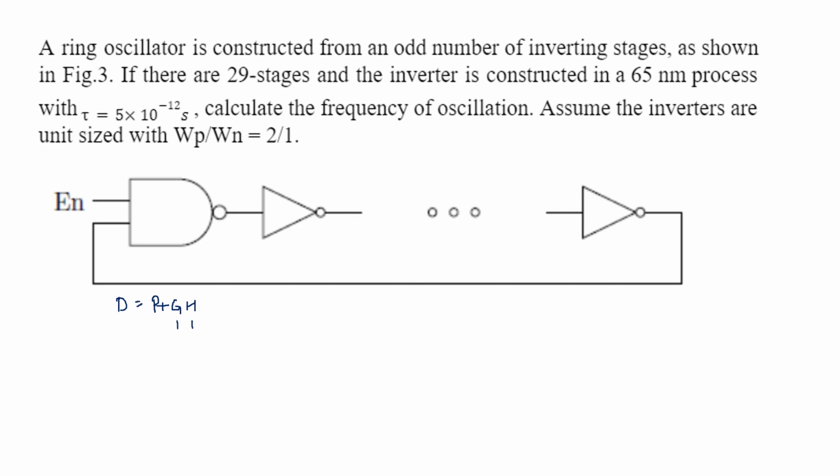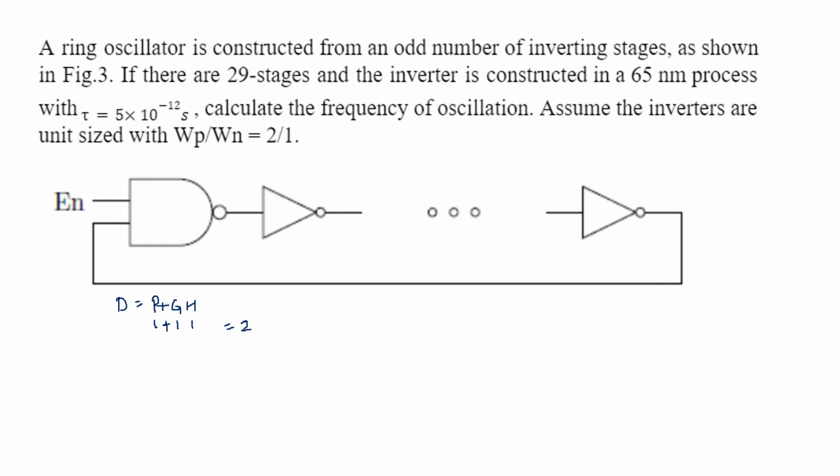G is also equal to 1, because that is nothing but the input capacitance of the gate under consideration divided by the input capacitance of a unit inverter. So here it is 3RC by 3RC, which is 1. Similarly, the parasitic capacitance is also equal to 1. Therefore the normalized delay of each inverter is 2.